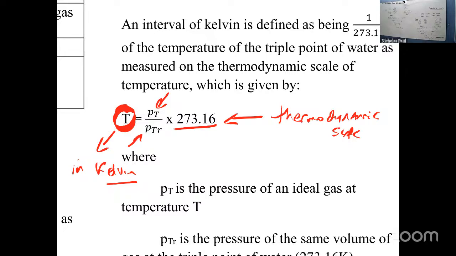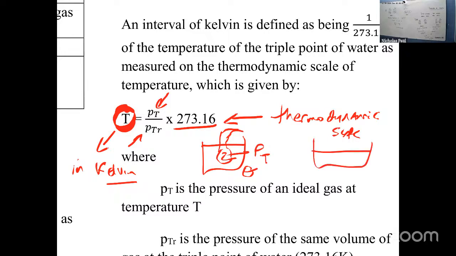We take the unknown temperature, let's call that theta, and find the pressure, say using the same constant volume gas thermometer. So we find the pressure at an unknown temperature, then do it again at the triple point. To find the temperature of the unknown liquid, all we do is take this pressure divided by this pressure and multiply by 273.16.